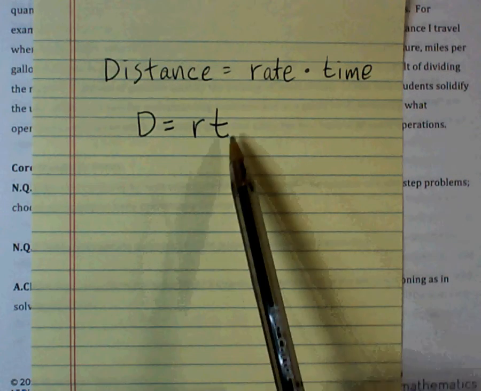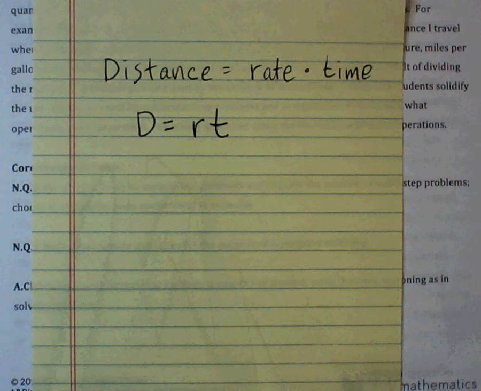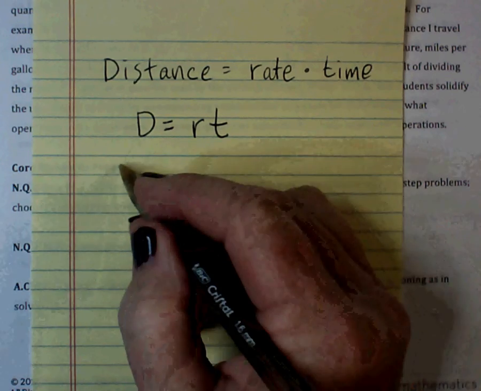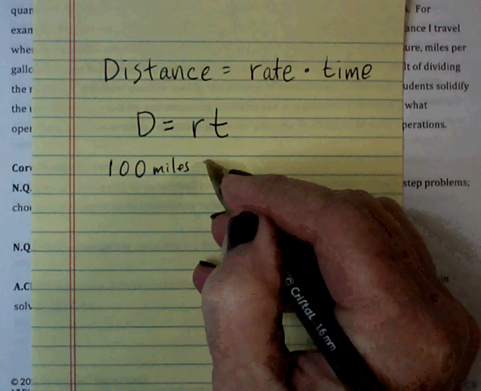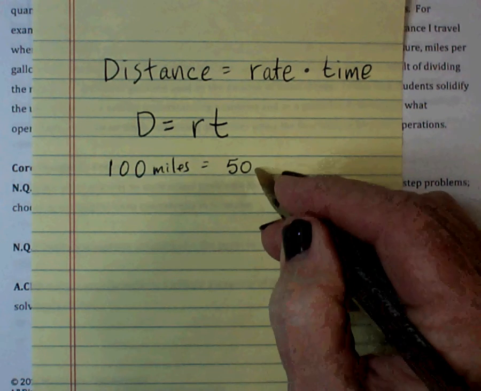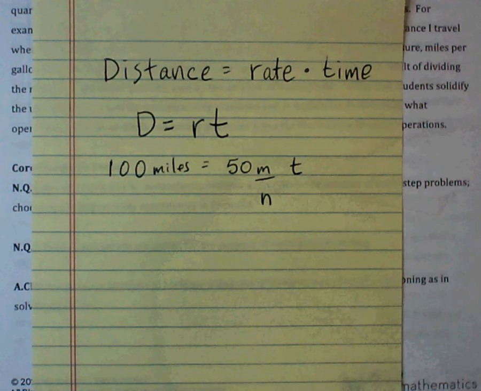This is only three little variables, but you can get a lot of information out of it. For example, if you know your distance is 100 miles, and you know your rate is 50 miles per hour, then you can figure out the amount of time it takes you to go that far.